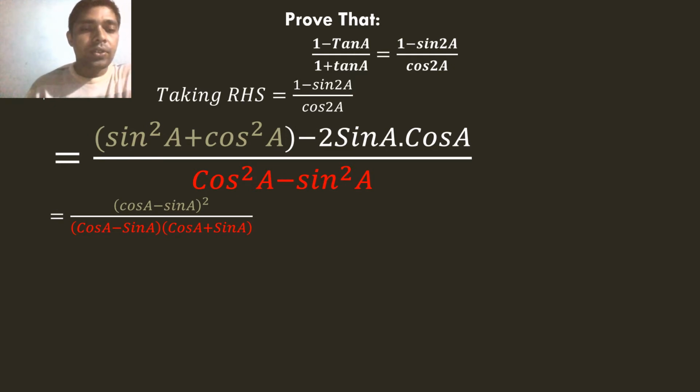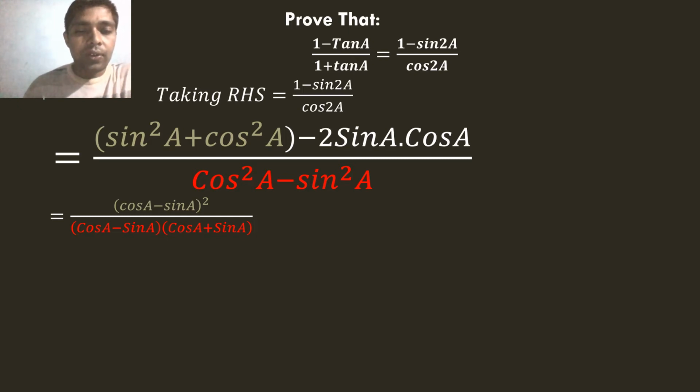Some may have confusion why we are not using (sin a minus cos a) whole square. If we use the (sin a minus cos a) whole square formula in the numerator, then we can't cancel with the denominator, or we have to take minus common and then solve again.